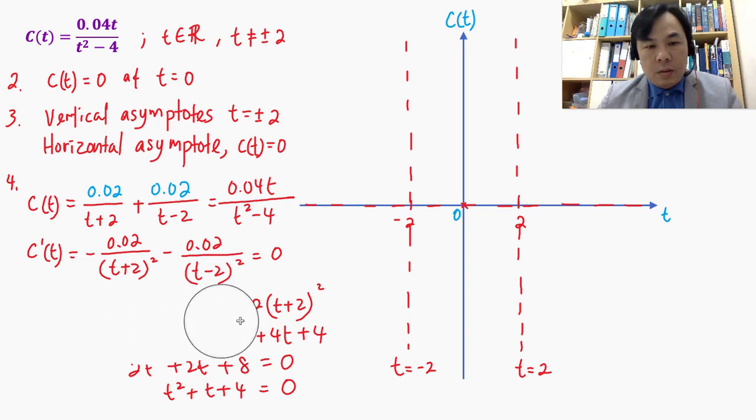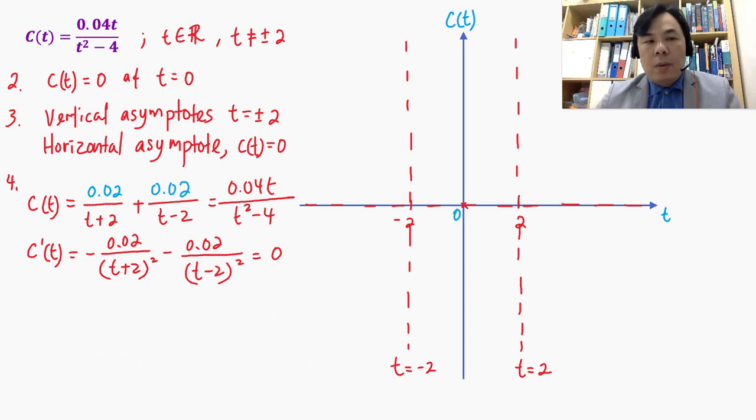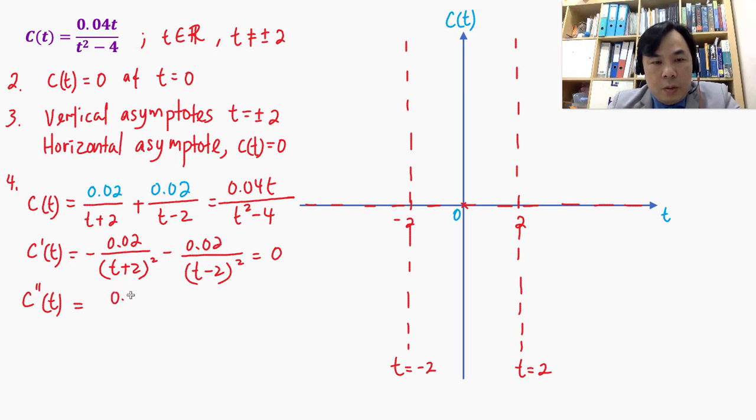Inflection point might be new to some of you. Inflection point can be located by allowing your second derivative to equal 0. So now I'm going to differentiate this one more time. That would actually give me 0.04 over (t plus 2) cubed, and then the same thing here, 0.04 over (t minus 2) cubed, equal to 0 here.